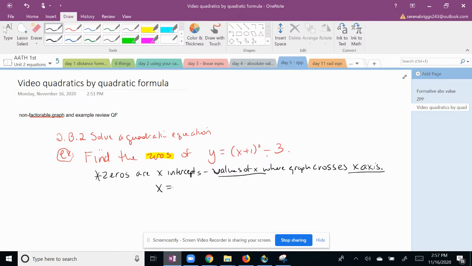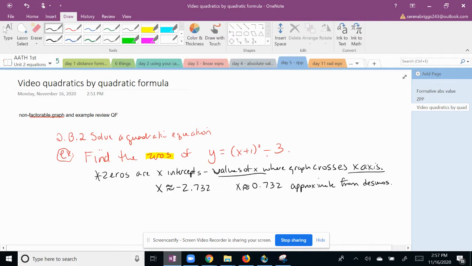So x is approximately negative 2.732 and x is approximately 0.732. But that's not equals, that's approximately equals. Those are approximate, from Desmos.